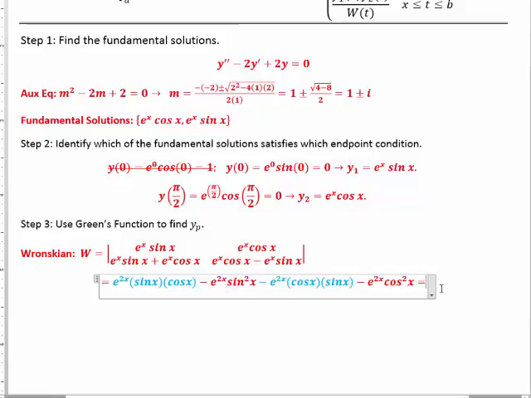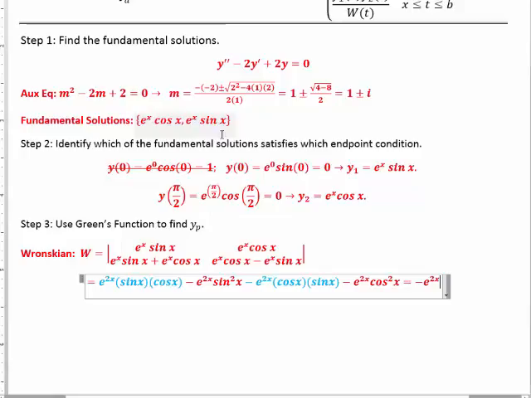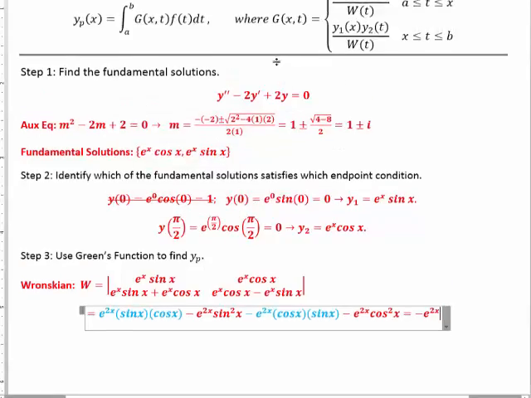So I think this just turned out to be negative e to the 2x times sine squared plus cosine squared, which is 1. Let's just say that that's our Wronskian, and then we're going to replace the x with a t according to the formula.